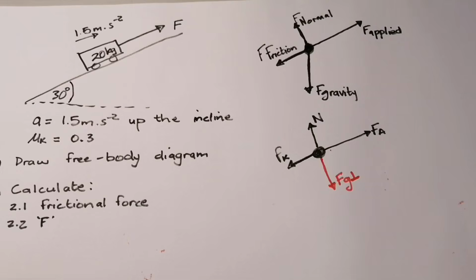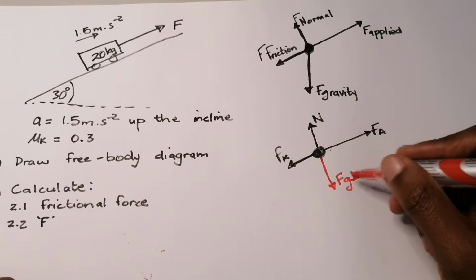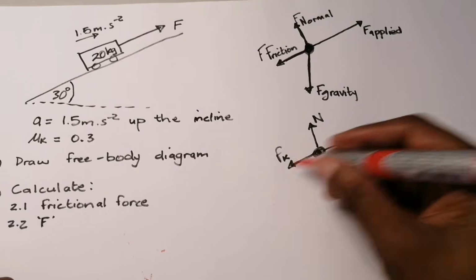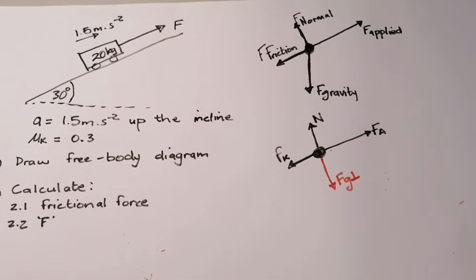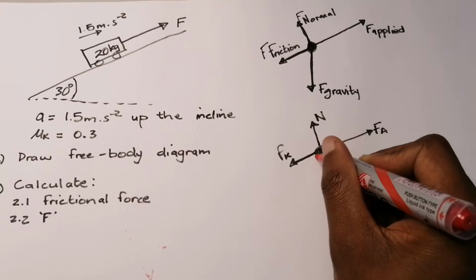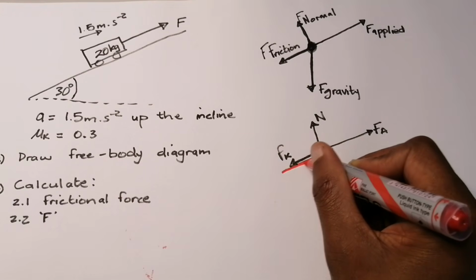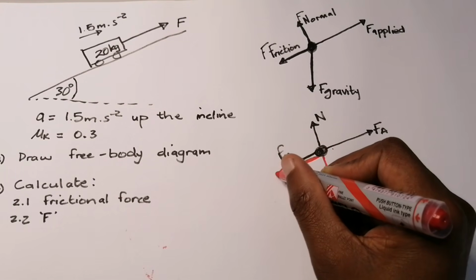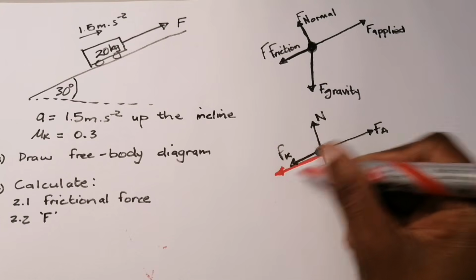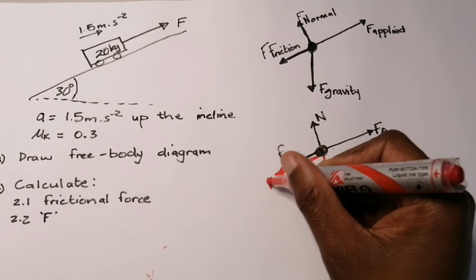And by the way, some of you prefer to call this FGY and FGX. There's nothing wrong with that. All right, and then I've got my FG parallel component of gravity. Remember, it's acting down the incline, right?